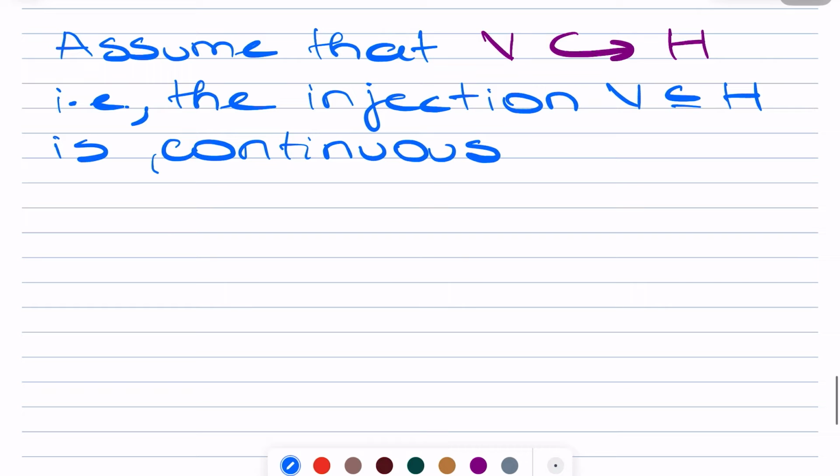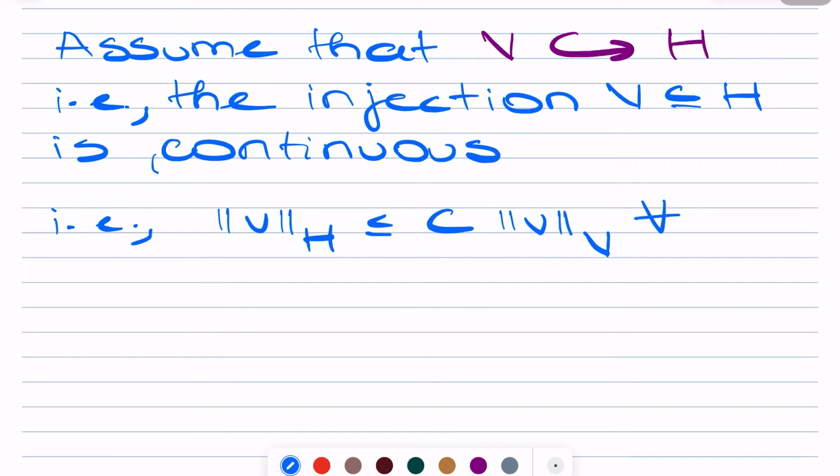Well, what does it mean? It means that the norm of small v in H is less or equal than a constant C times the norm of v in capital V, and this should be for every v in V.